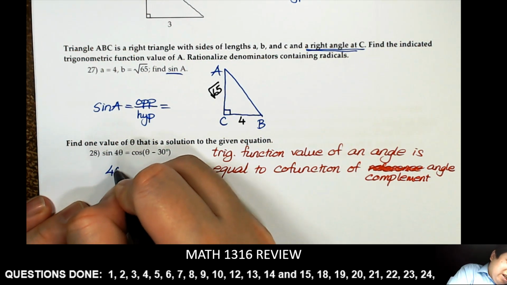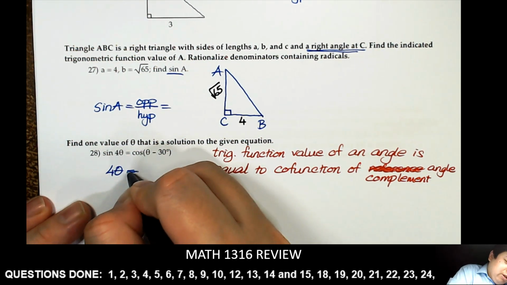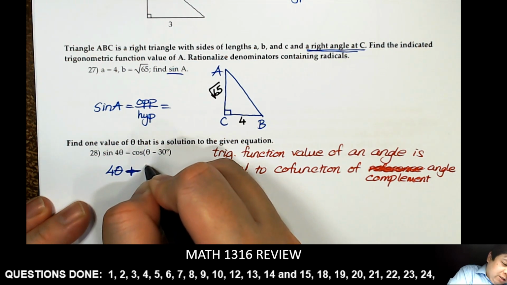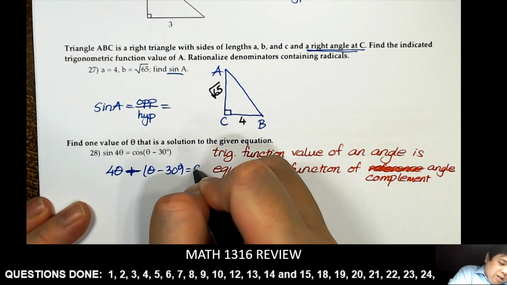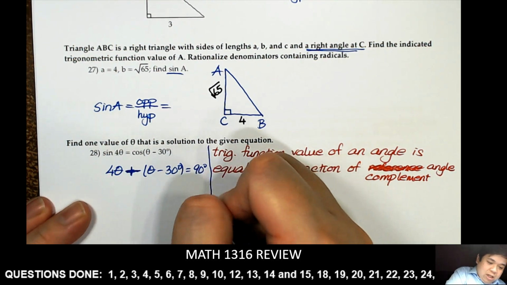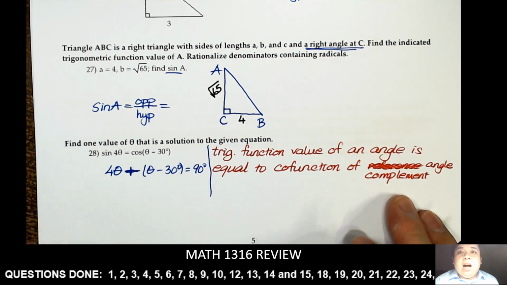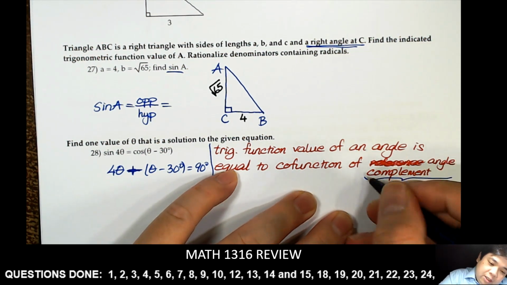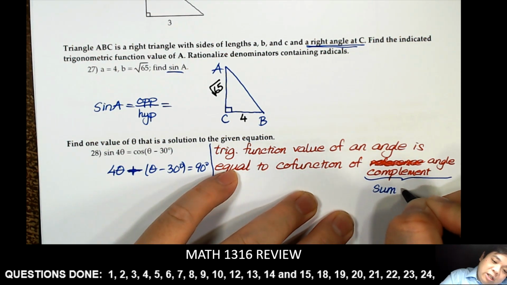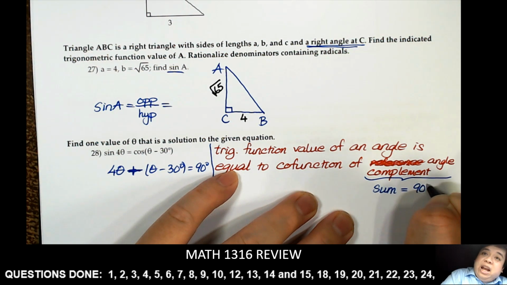So meaning that they have to add up to 90°. In this case, the complementary definition is a little loose because some of them could be negative. As long as they add up to 90°, I should say. So the sum is equal to 90°. An angle could be negative.